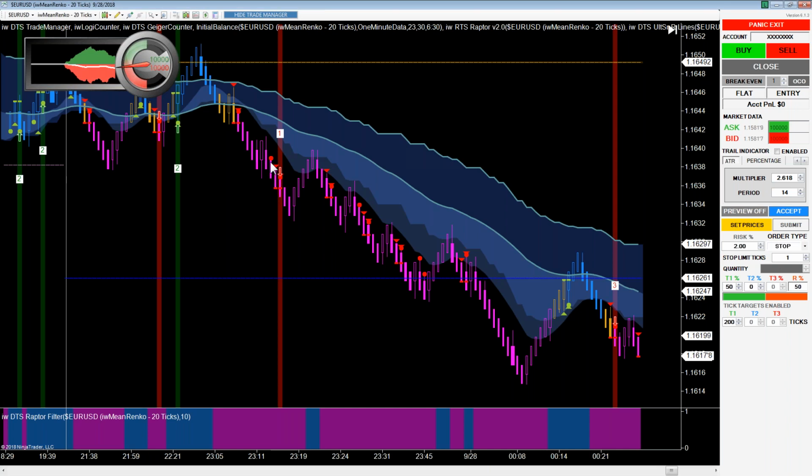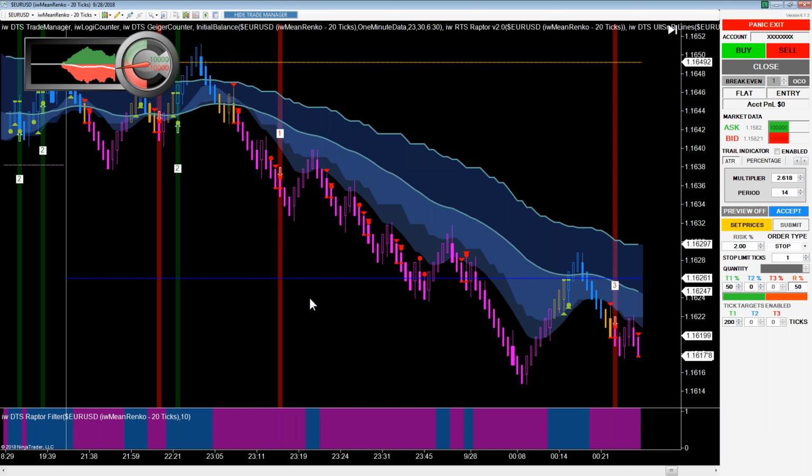So the warning dot is what you see happening right here. So we get a warning dot along with an audio alert. This tells us that our signal parameters are starting to be met.